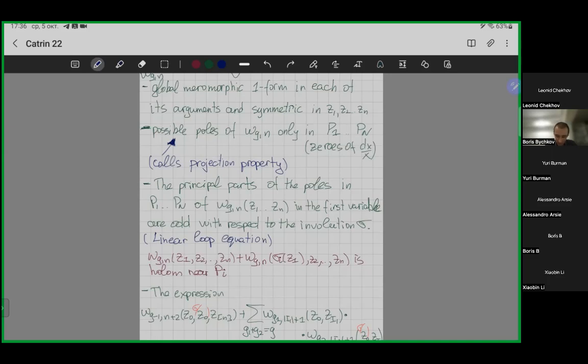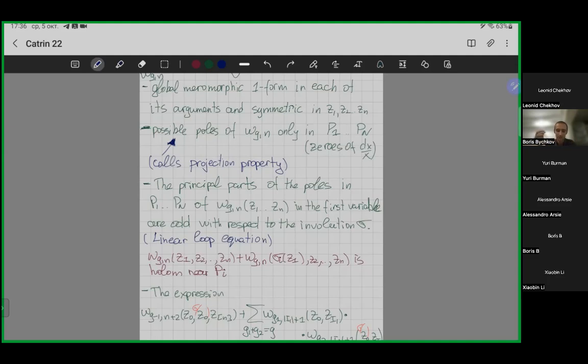But if you know it and you obtain these omega g,n, then you could prove this statement. If you know that the omega g,n are good in some way, you could say something about the structure of these omega g,n.